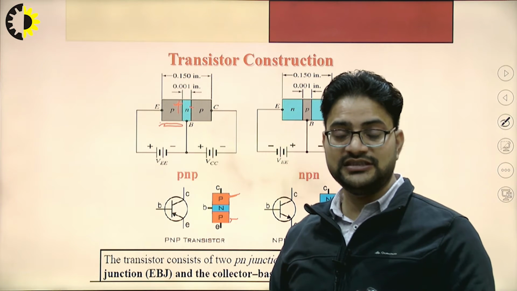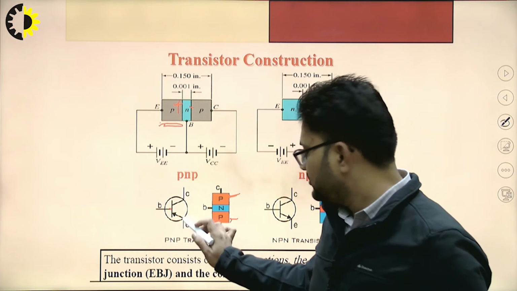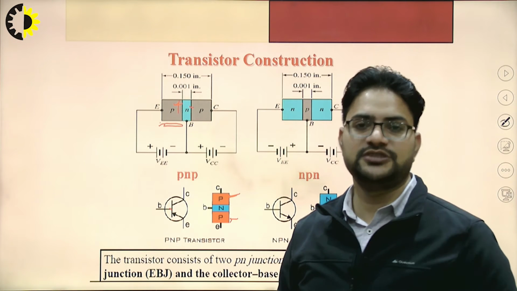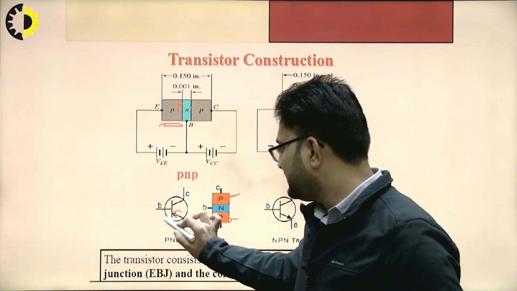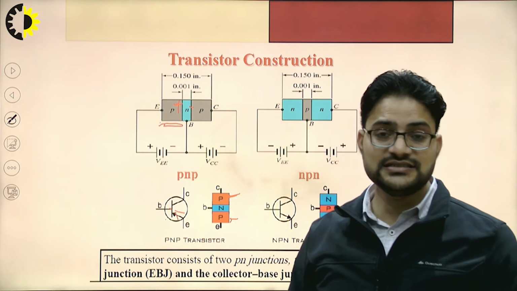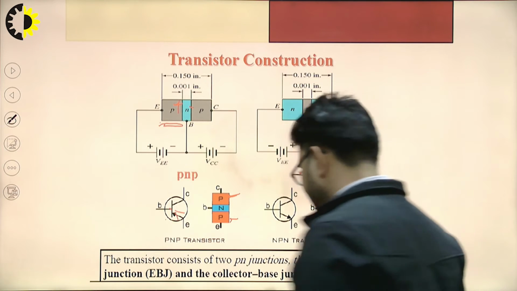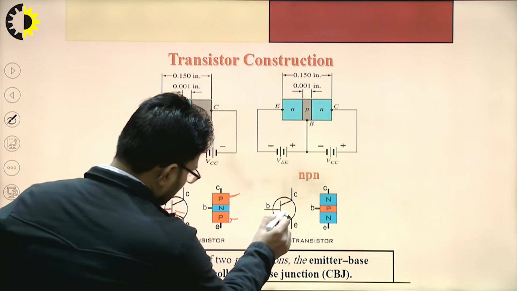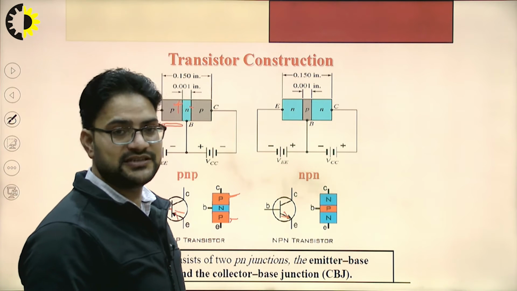Either it will be towards the base side, or it might be away from it. If it is towards the base, then this is said to be the PNP transistor. If the arrow is away from the base, then this is said to be the NPN transistor.